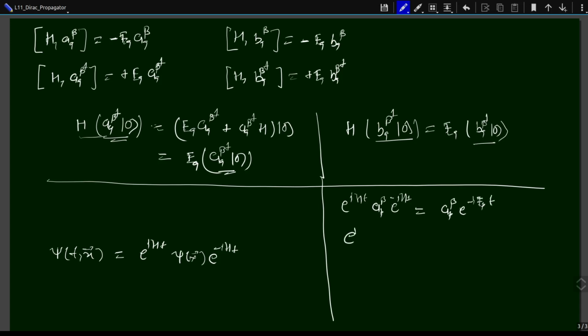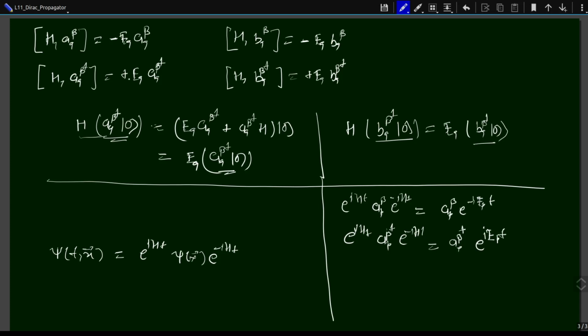And if I have exponential i H t b^β dagger exponential minus i H t, that will give me b^β dagger exponential plus i E_p t.